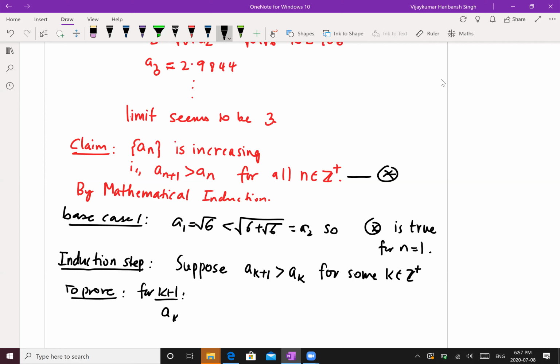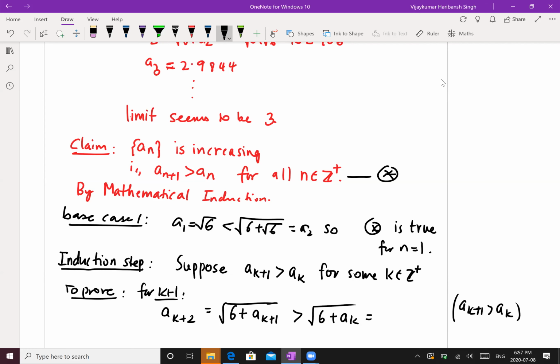We want to prove this for a_{k+2}, right? That is, k plus 1 plus 1. So a_{k+2} is going to be the square root of 6 plus a_{k+1}. Now 6 plus a_{k+1} is bigger than 6 plus a_k. Why is that? Because a_{k+1} is bigger than a_k.